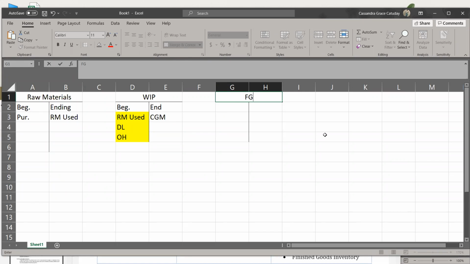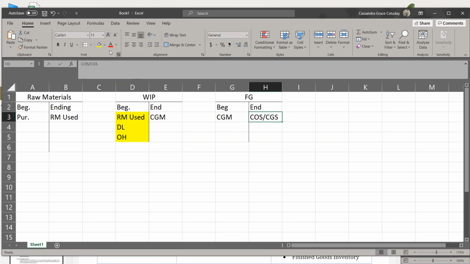I'm just gonna put FG. So beginning again, of course if there's a beginning, there's an ending. So cost of goods manufactured, we put it here. Cost of goods manufactured. And then, ending equals cost of sales or cost of goods sold. Cost of goods sold. Okay.